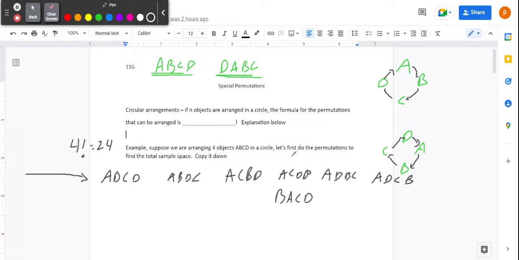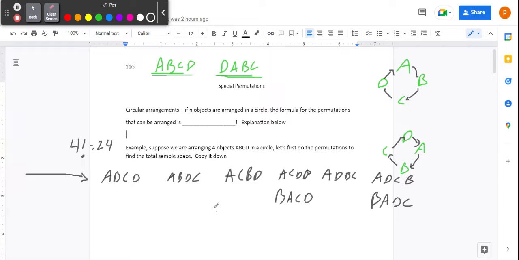So if these letters were arranged in a clockwise circle, BACD would be the same as ACDB. If we have BADC, B and then ADC, that sequence would be the same as that sequence, again, if they were arranged in a circle going clockwise.